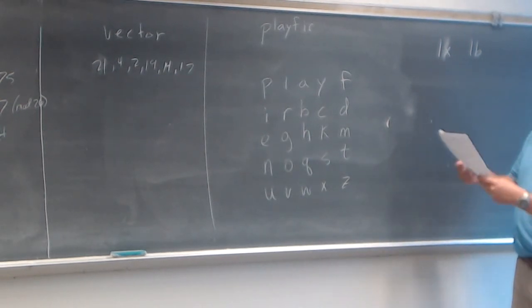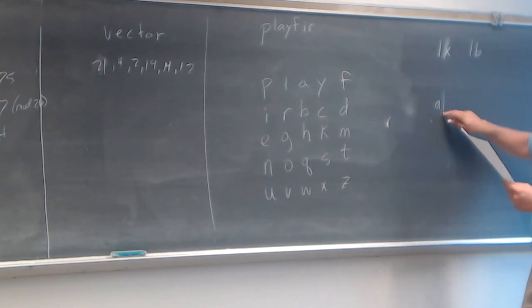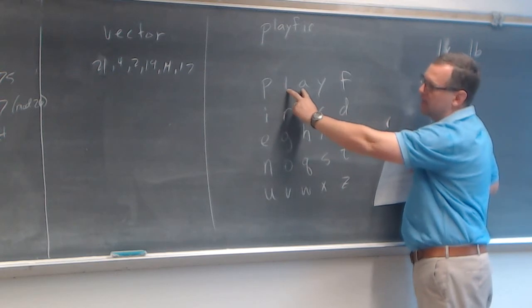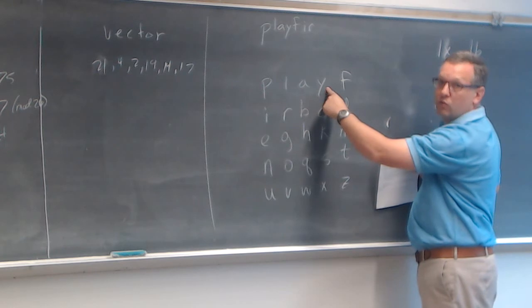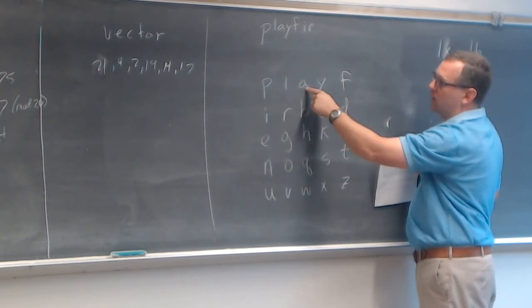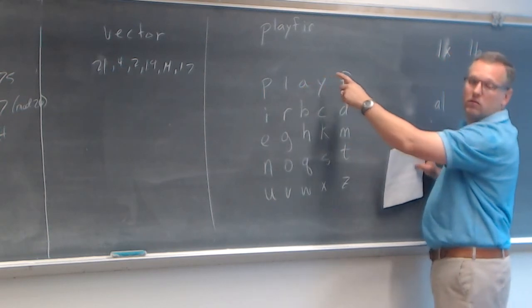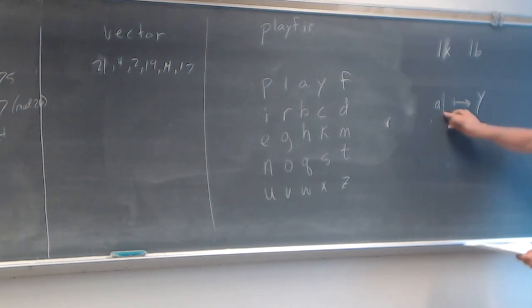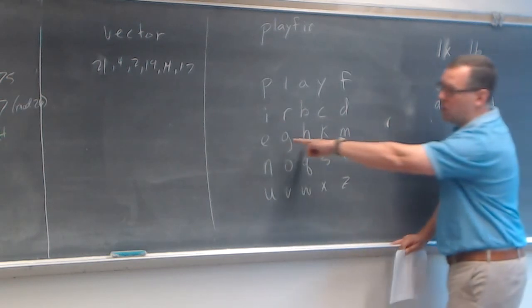Okay, so here's how you do it. There are 3 different possibilities. Like AL: both of those letters show up in the same row. If that's the case, you just encode each one with the letter immediately to the right. So AL would get translated as YA. The A goes to Y, the L goes to A. That's how you do it if the digraph occurs in the same row.